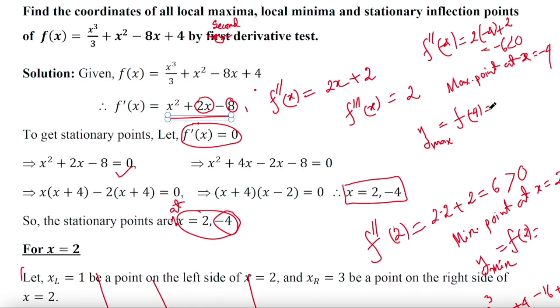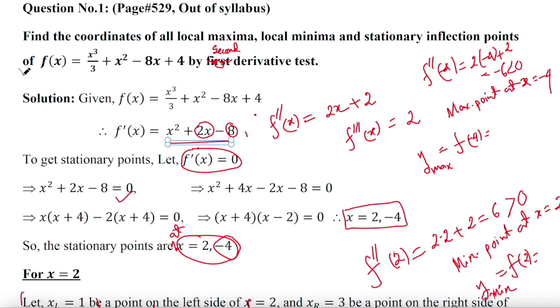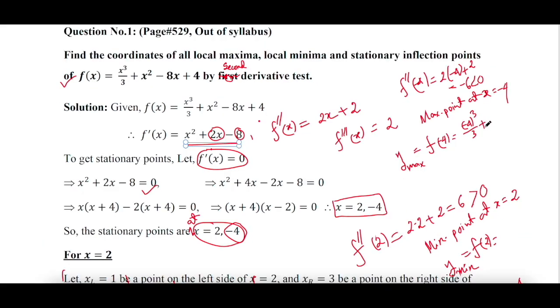And f of negative 4 means, from the given function, minus 4 whole cube by 3 plus minus 4 whole square, which is 16, plus, since minus 8 into minus 4, it will be plus 32, plus 4.